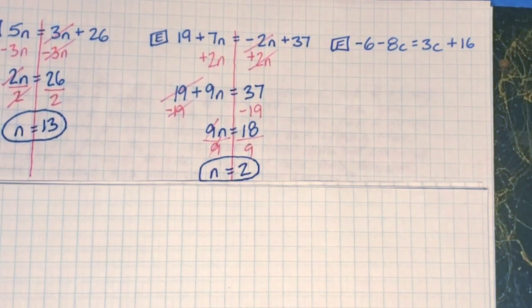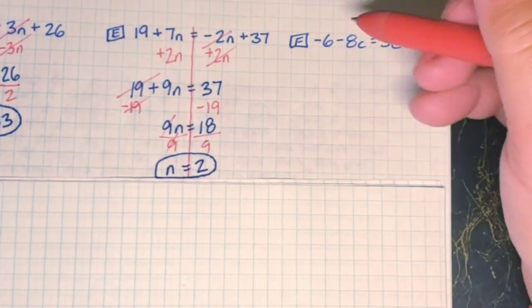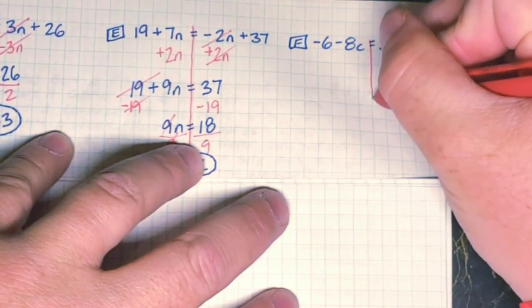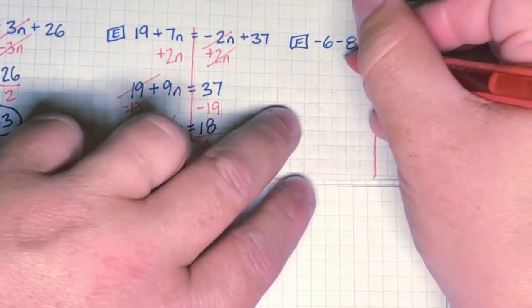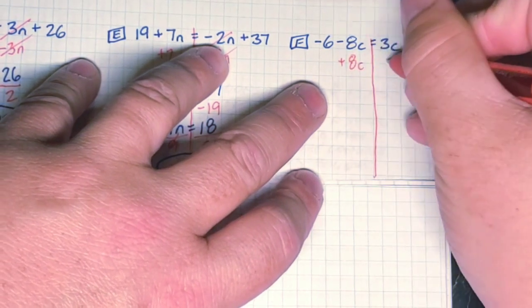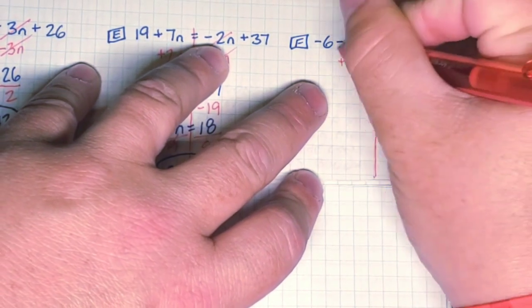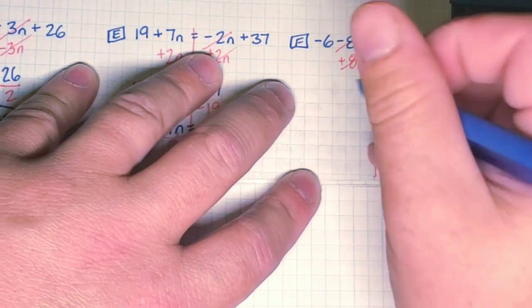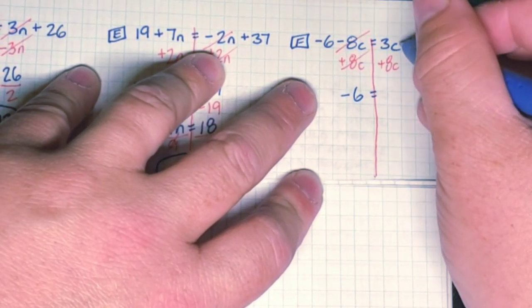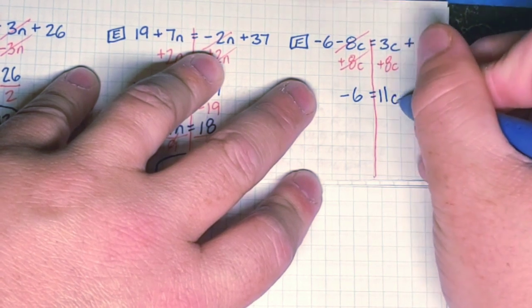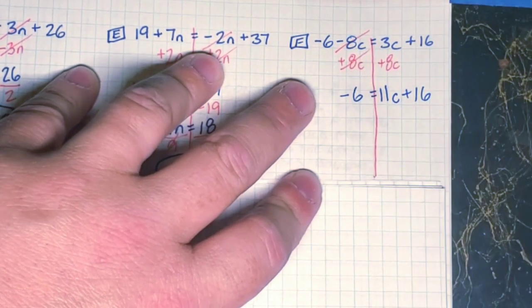All right, let's do that again. Same thing, we got a variable on both sides, we got a constant on both sides. So let's take this negative 8c and let's move it over. So that leaves us with negative 6 equals 3c plus 8c is 11c plus 16.